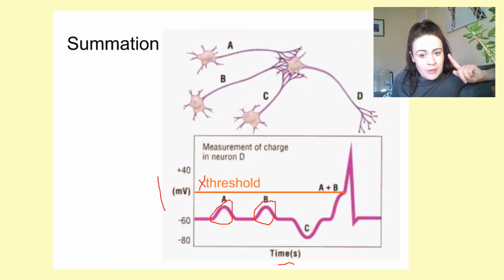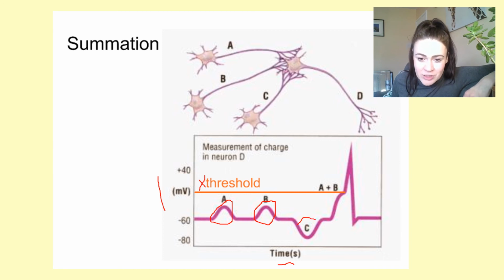Now, remember we said excitatory and inhibitory. So for neuron A and B, those neurotransmitters must be received by receptors that cause the excitatory signal. Whereas with neuron C, we're actually decreasing the voltage. So C must be received by an inhibitory receptor.